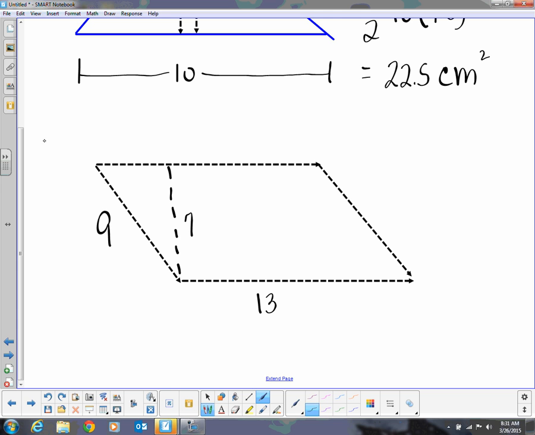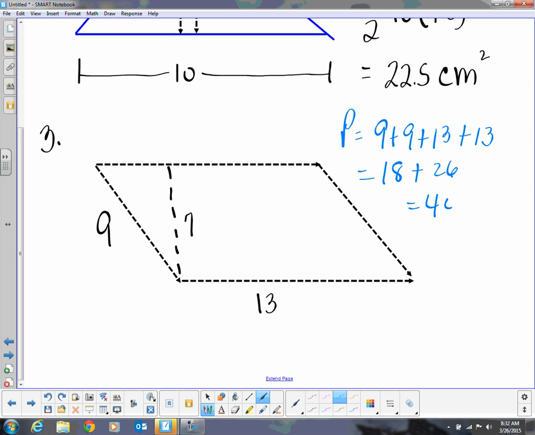This is number 3. How do we do perimeter? 5 plus 9 plus 13 plus 30. All right. I don't want anybody adding 2 numbers tomorrow. It's going to be 44. All right. Am I ready to find area?